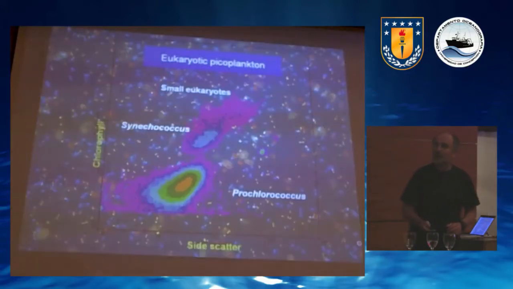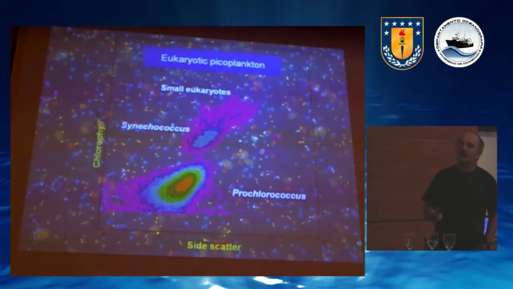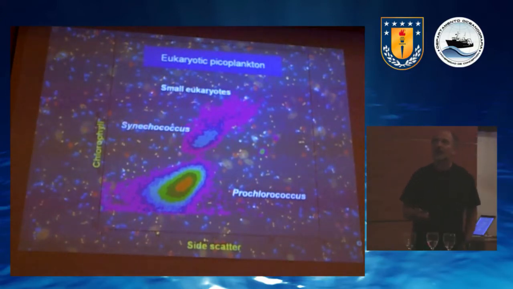One technique that we used a lot, so you saw this slide already, sorry Carlos, to use my own, is flow cytometry, where you can detect different populations using single-cell fluorescence.